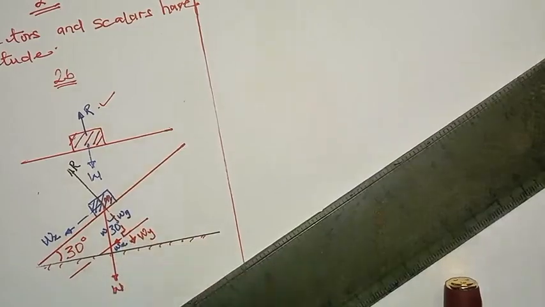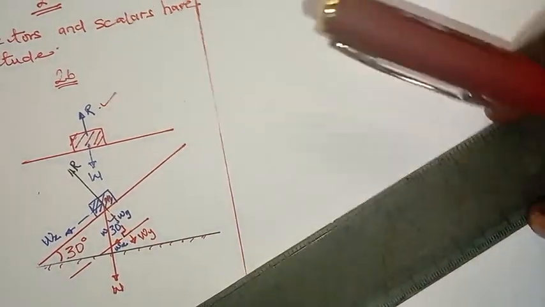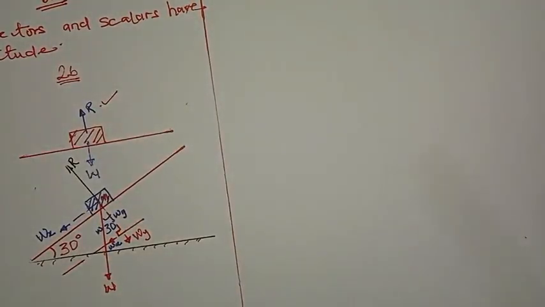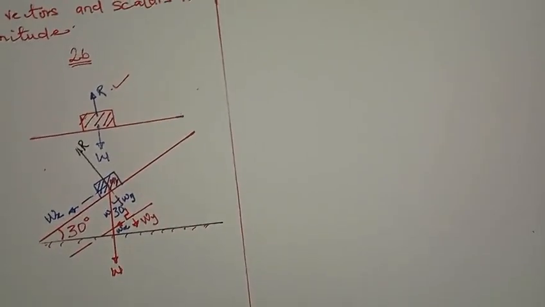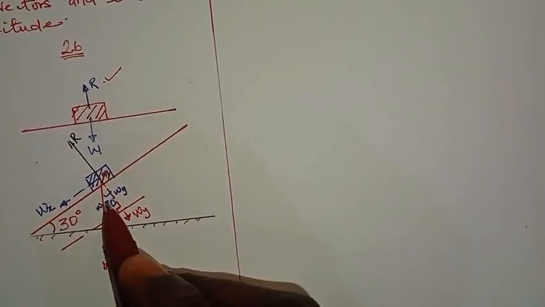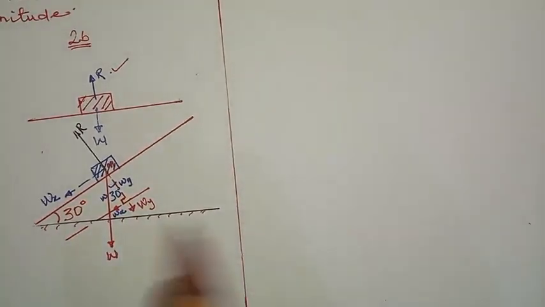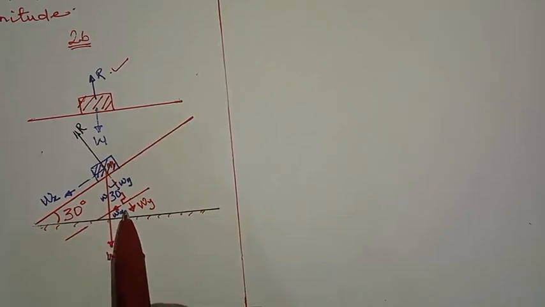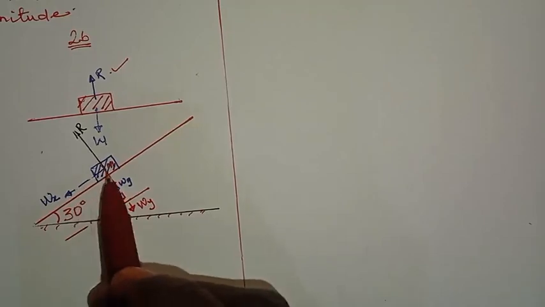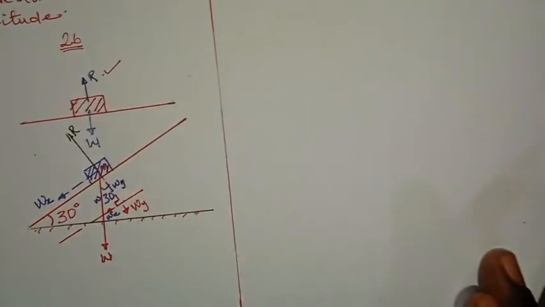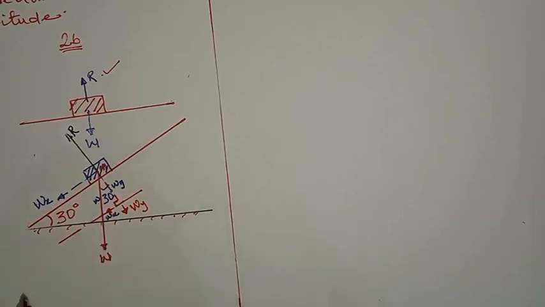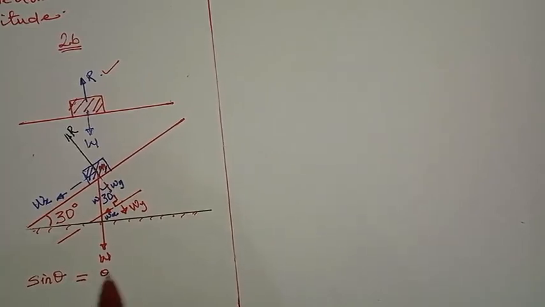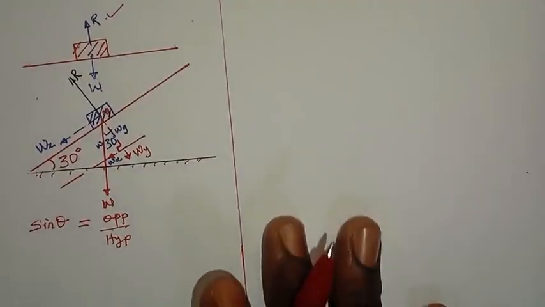So I have a right angle triangle here. I can now use trig ratios to find what I am looking for. If you look, this angle is facing this side, and we have the hypotenuse. So our target is WX, which is the force acting on this body along the inclined plane. So opposite over hypotenuse, that is sine theta, is equal to opposite all over hypotenuse, right?